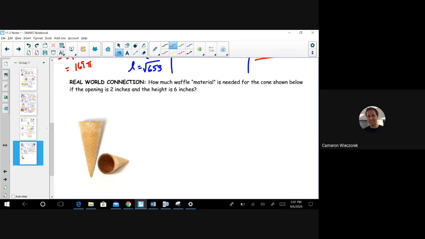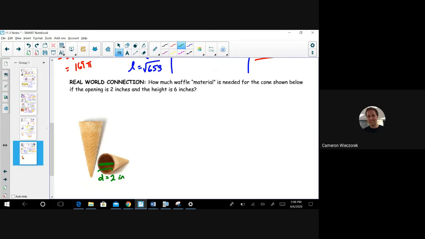They tell me that the opening across the top is 2 inches. So they're kind of trying to tell you what the diameter is. So this distance across the top, that diameter, is 2 inches.